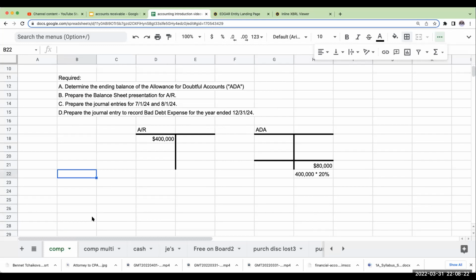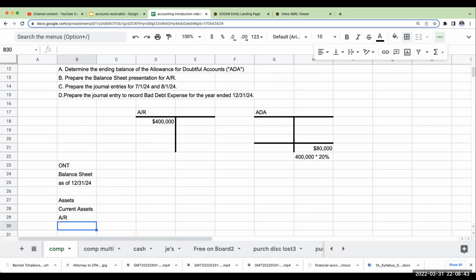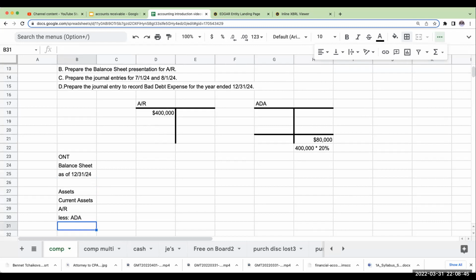For our balance sheet presentation, we're going to have assets and current assets. Remember, accounts receivable is something we expect to collect in the coming year. That means it's a current asset. So we're going to have accounts receivable less our allowance for doubtful accounts.